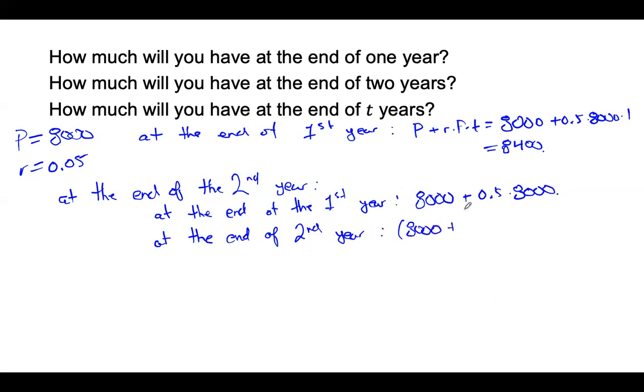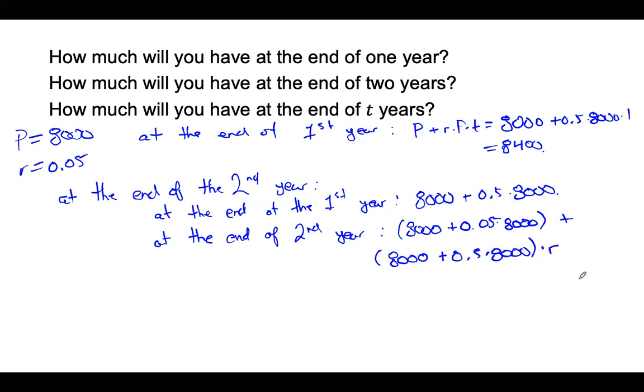Let me write it out first. So from the second to the third year, you're going to have that initial amount plus that interest that you earned, this amount, times that rate.